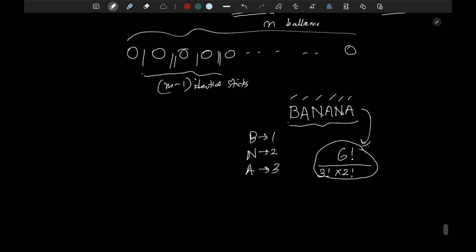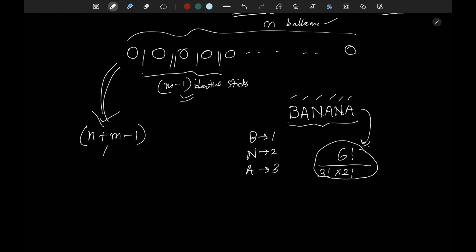Similar things are going to happen here. We have total how many objects? Total objects, including our n identical balloons and m minus 1 identical sticks, are nothing but your n plus m minus 1, right?